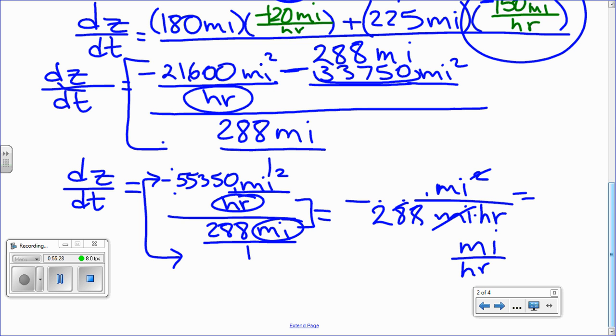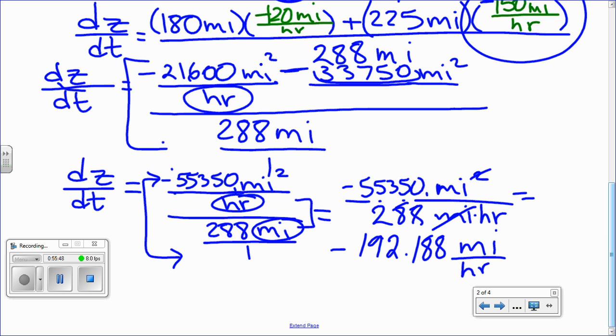We'll go back to y is a negative. And so if we divide that by 288, we will get negative 192.188 miles per hour. What I did with the units was correct.